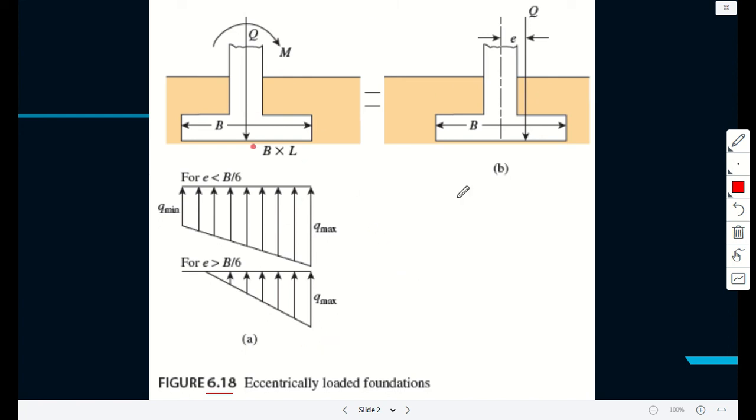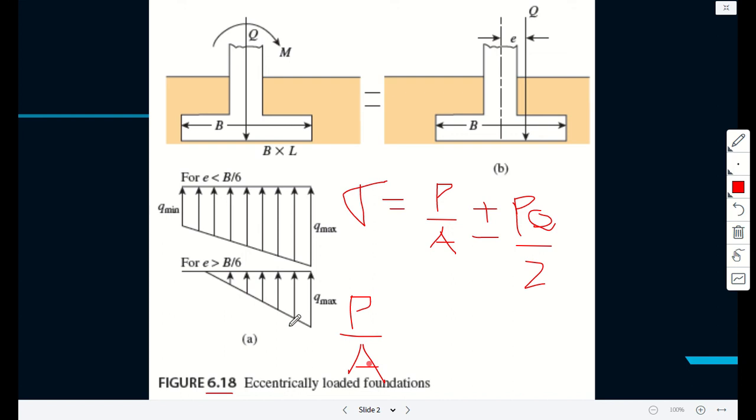So anyway, sometimes we have a moment. I think this is the most realistic case, but you have done enough structural mechanics to know that the pressure would be determined by P divided by A plus or minus P times eccentricity, that is Pe, over Z. Now this equation can also be written as sigma plus or minus M times y over I, either y or x.